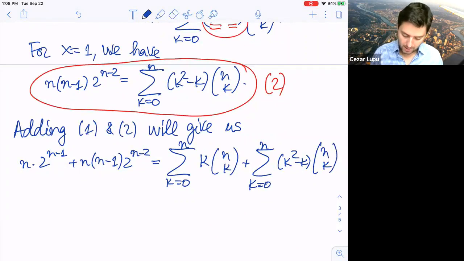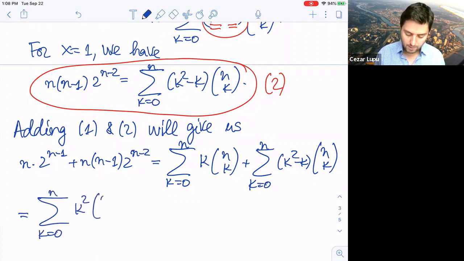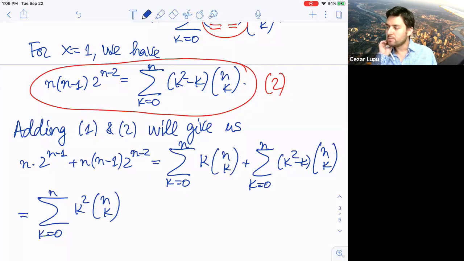And this will be equal to, well, when you add these two, it will give us nothing else than just what we want: k squared times n choose k, which is exactly, wait. Well, let's be careful here a bit.